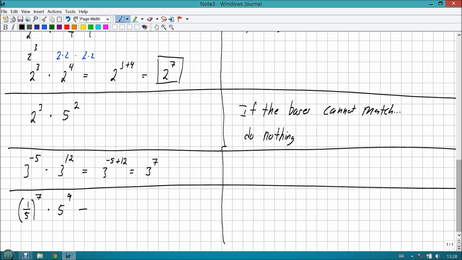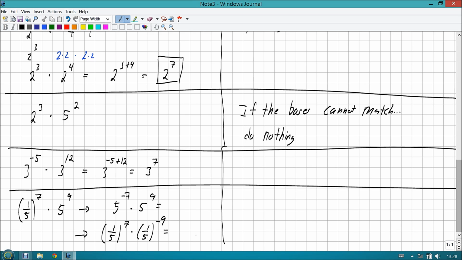I can turn this into either 5 to the negative 7th times 5 to the 9th, or I could keep that 1/5 to the 7th power and turn it into 1/5 to the negative 9th power. I can do either one.